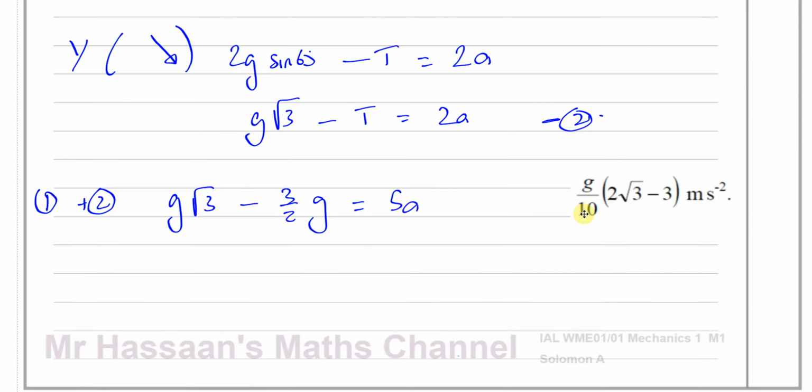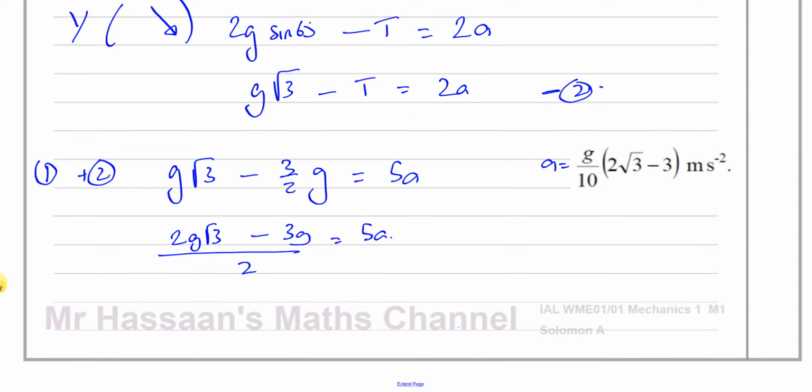We have to take this and simplify it to make a equal this. So how are we going to do that? Well, what I'm thinking of doing is making this into one fraction. I can make this over 2, so that will be 2 times g times root 3 minus 3g, all over 2. And that's equal to 5a.